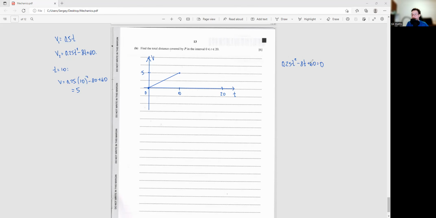We're going to intersect the t-axis when v equals 0. So we'll have to solve the quadratic equation. Now 64 minus 60 is going to be 4, so t equals 8 plus or minus 2 over 2 times 0.25, which is 8 plus or minus 2 over 0.5.